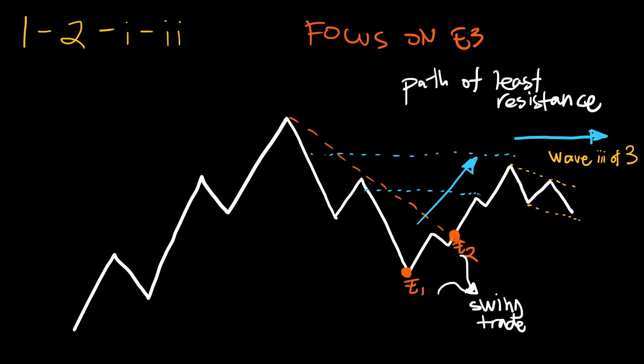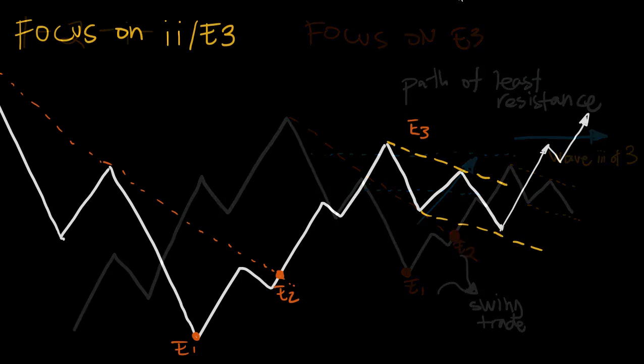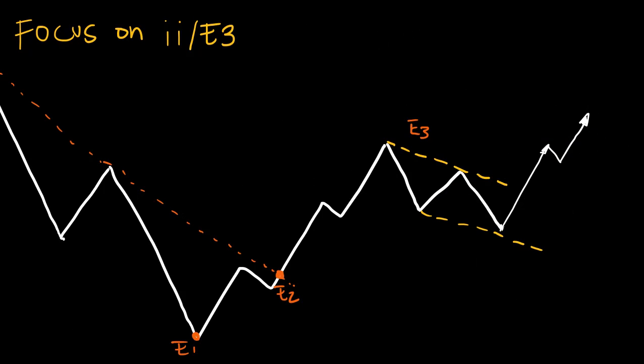Having said that, since this E3 pullback is a corrective move in itself, we can subdivide this portion into the 3E framework of a DCS, which means that inside this E3 pullback, we have an aggressive E1 entry, a neutral E2 entry, and a conservative E3 entry.